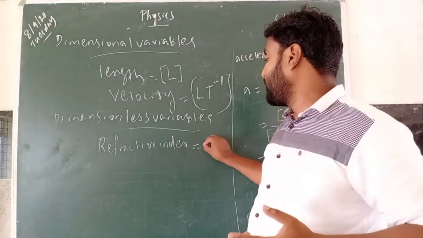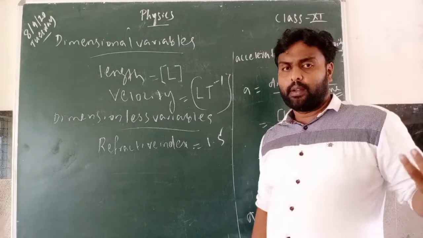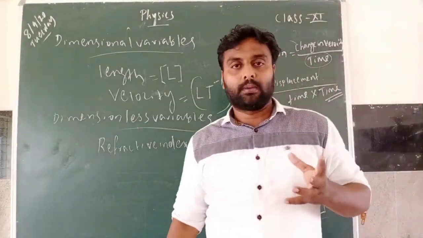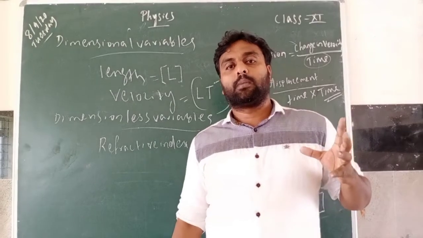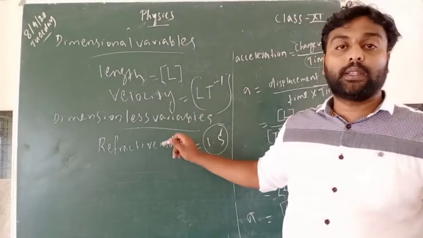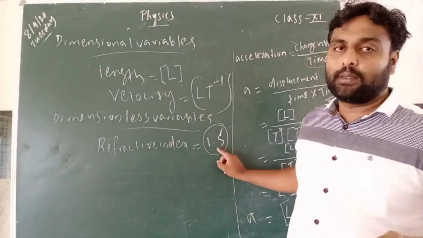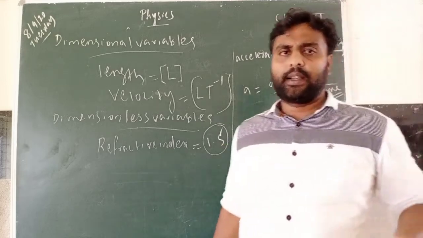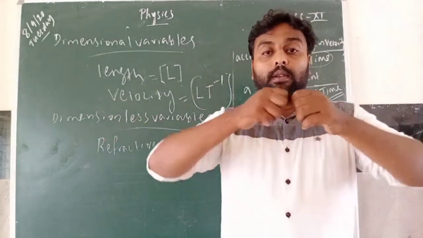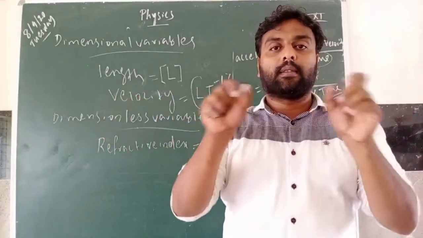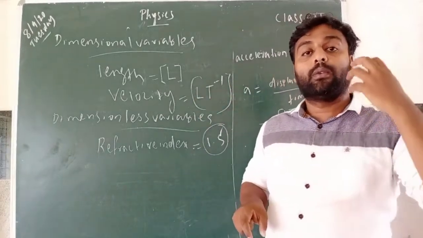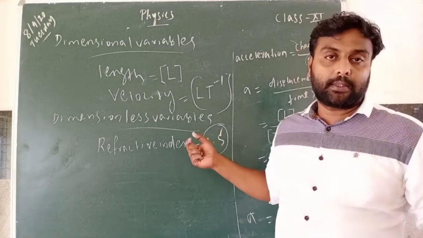In glass you can say 1.5, no unit for 1.5. So it has some variable values but no dimension. Like strain, elasticity, some material, rubber band, it stretches more, steel. These have some variable values but no dimension.